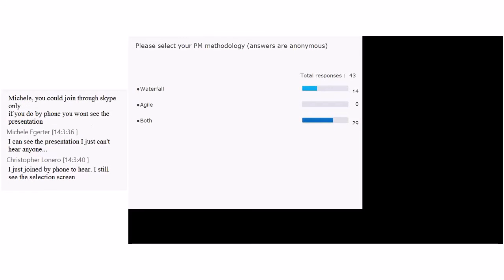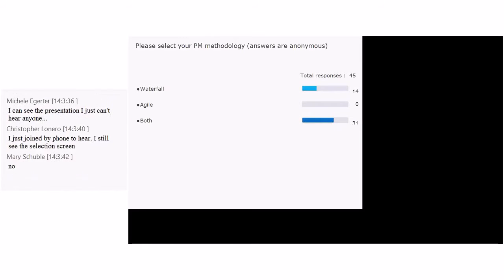Click on that quick survey. Statistically, we can already say that 30% Waterfall and pure Agile is 0, and the rest of the crowd, basically 70%, is using both Agile and Waterfall.